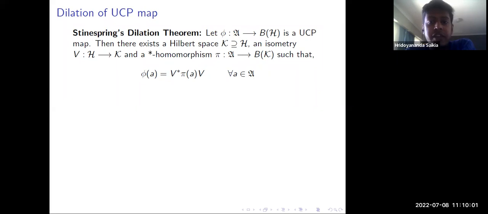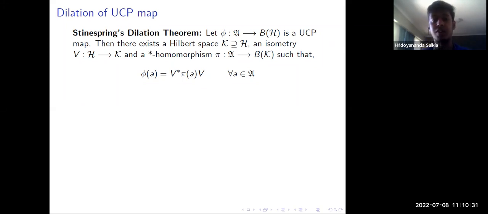Suppose phi is any UCP map from the C-star algebra A to B of H. Then this theorem says that there exists a Hilbert space K containing the Hilbert space H, an isometry V from H to K, and a star homomorphism pi from A to B of K such that phi of a is nothing but the compression of the star homomorphism pi of a.